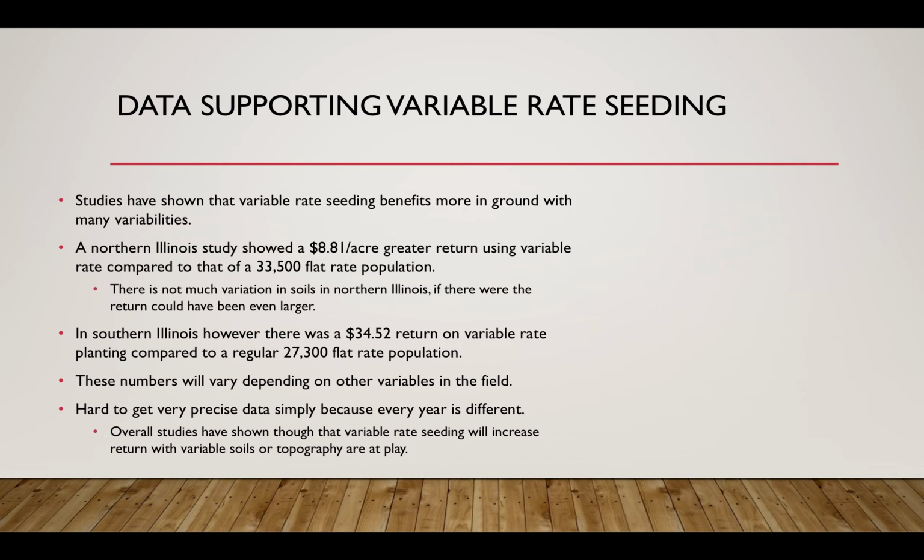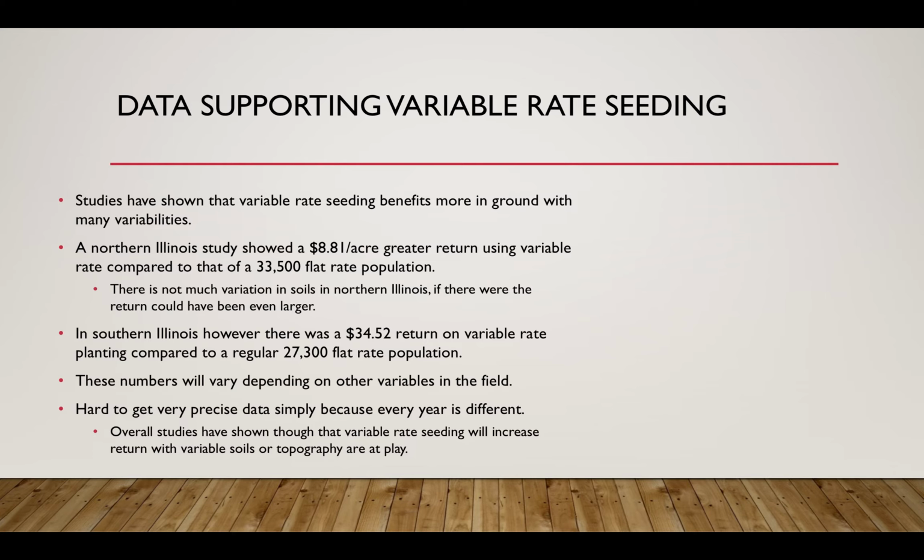So, data supporting variable rate seeding. There have been various studies done. Like I said, it really depends on where you're at and the uniformity of your fields, what your nutrient values are. But there were a couple of studies done here in Illinois. A Northern Illinois study showed an $8.81 greater acre return compared to a flat rate 33.5 plant population.